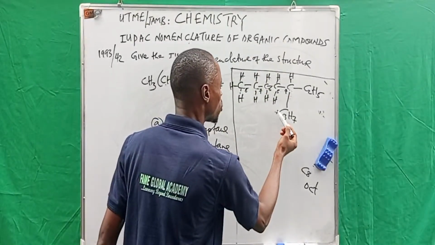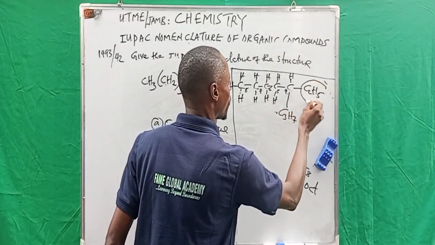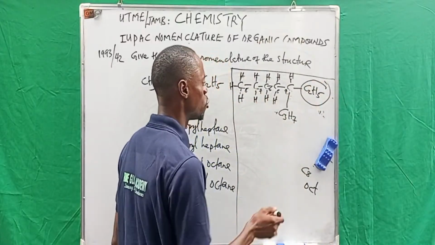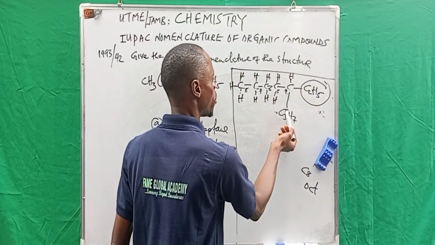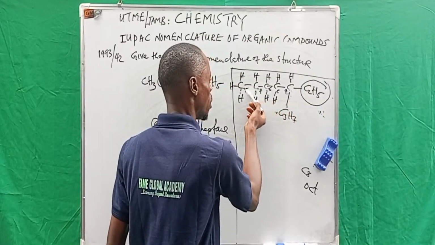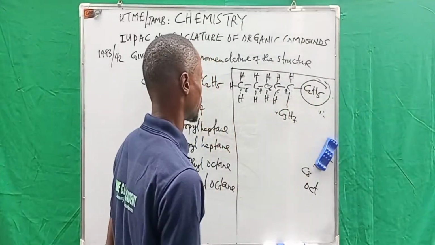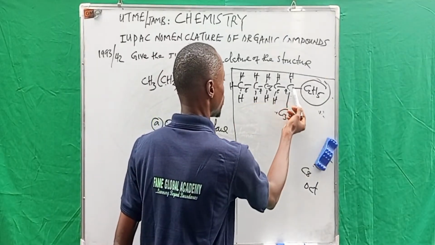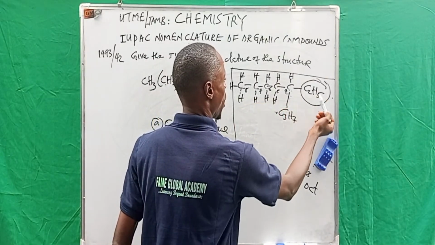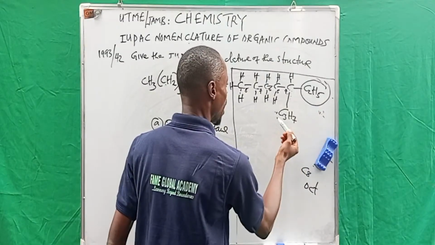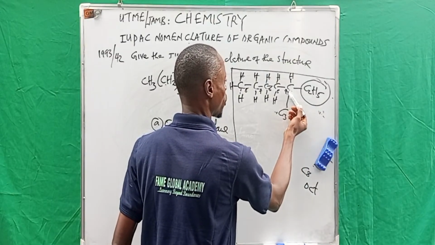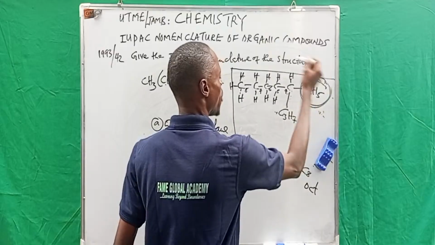Now we have 1, 2, 3, 4. At carbon atom 4, we have this as a branch. Mind you, if I take this direction as my longest carbon chain, here now becomes our branch. If I take this direction, here becomes our branch. Are you following me? So at carbon atom 4, we have a branch.